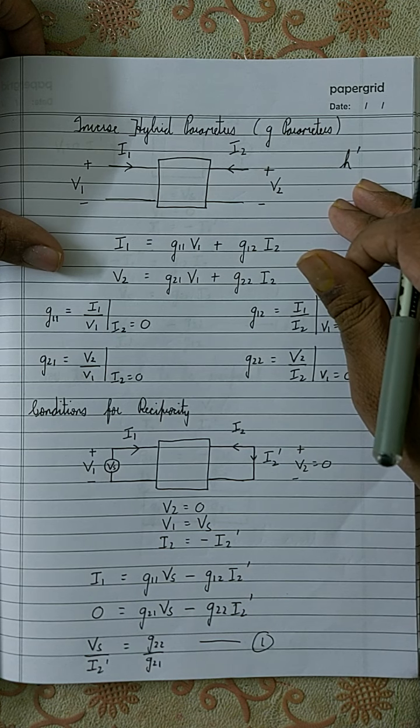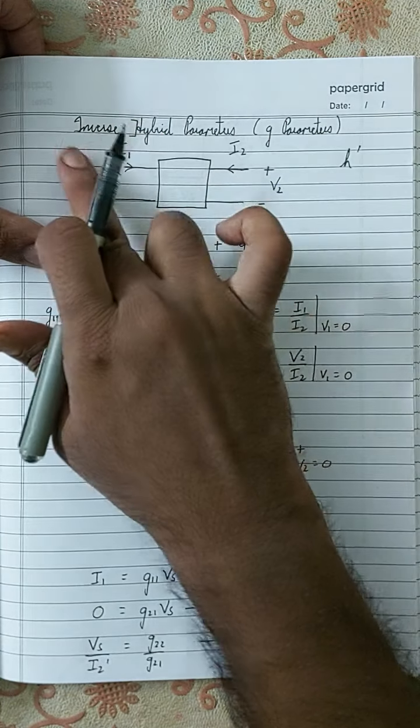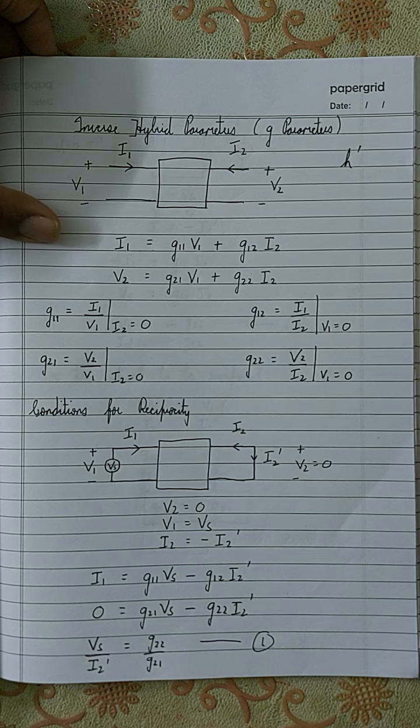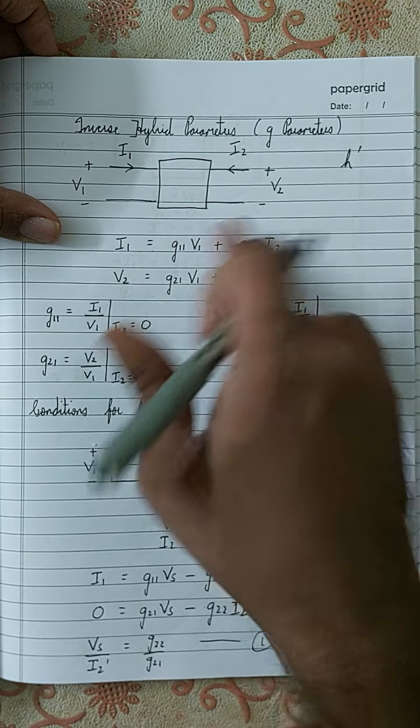So what is inverse hybrid? Before that, we already know what hybrid parameters are: we express V1 and I2 in terms of V2 and I1. That is, V1 in terms of I1 and V2, and I2 in terms of I1 and V2. The inverse must then express the opposite ones.